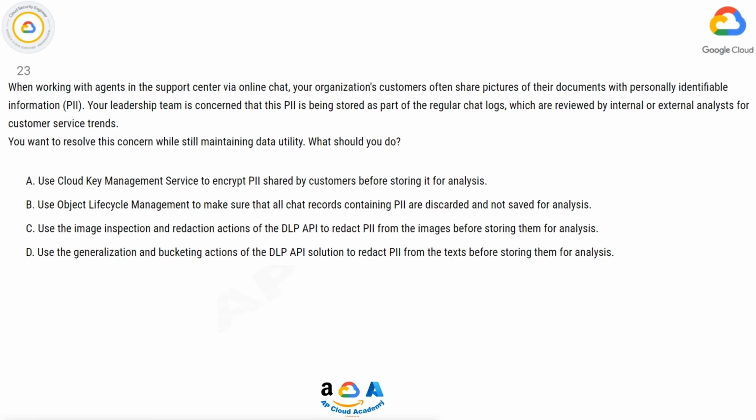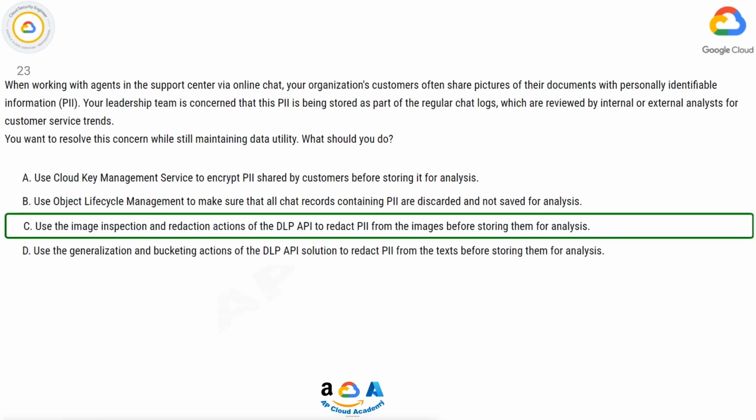B. Use Object Lifecycle Management to make sure that all chat records containing PII are discarded and not saved for analysis. C. Use the image inspection and redaction actions of the DLP API to redact PII from the images before storing them for analysis. D. Use the generalization and bucketing actions of the DLP API solution to redact PII from the texts before storing them for analysis. Correct answer, C.